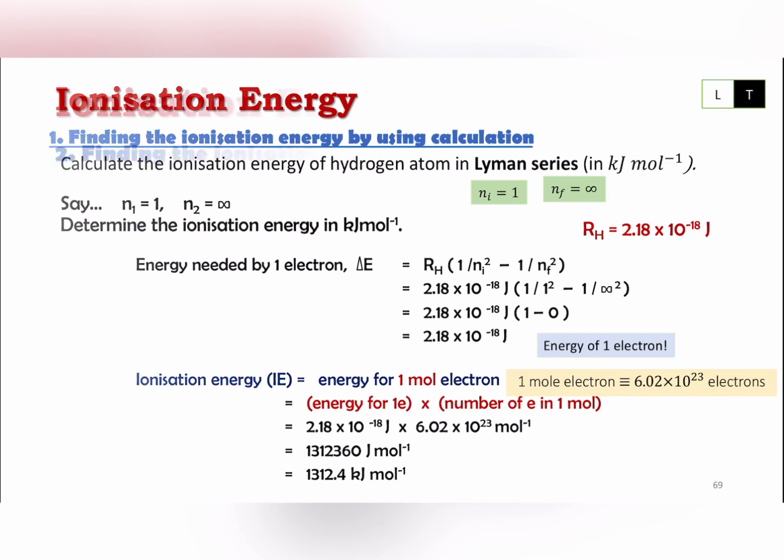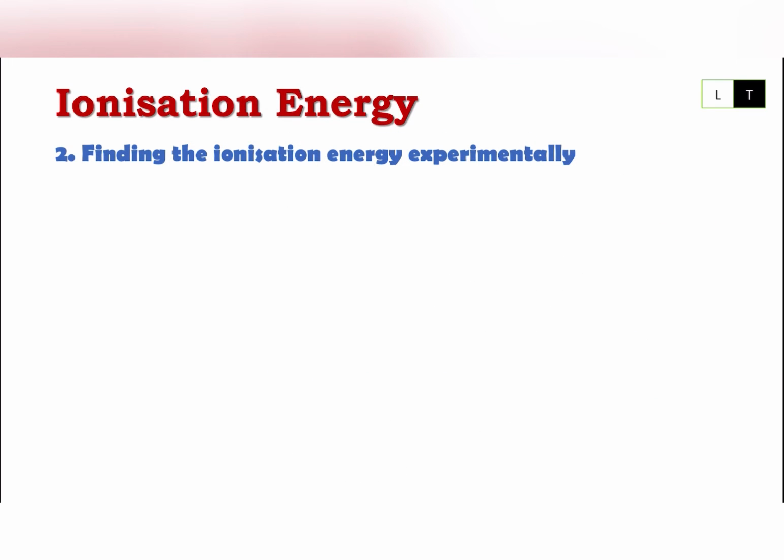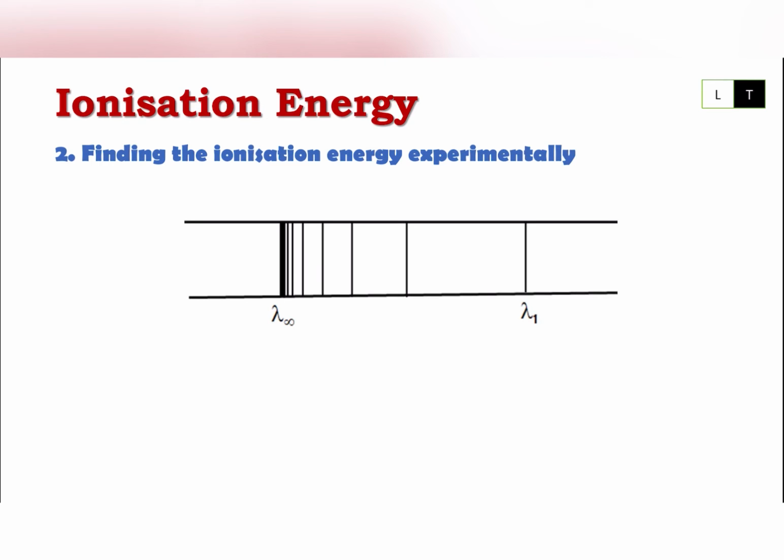But if we want to relate with the ionization energy based on experiment, I'm going to introduce to you the line spectrum. The first line is here, and the second line is here, because of the bigger gap between them. After that, I'm going to determine, based on this line, the convergence limit straight towards the left.